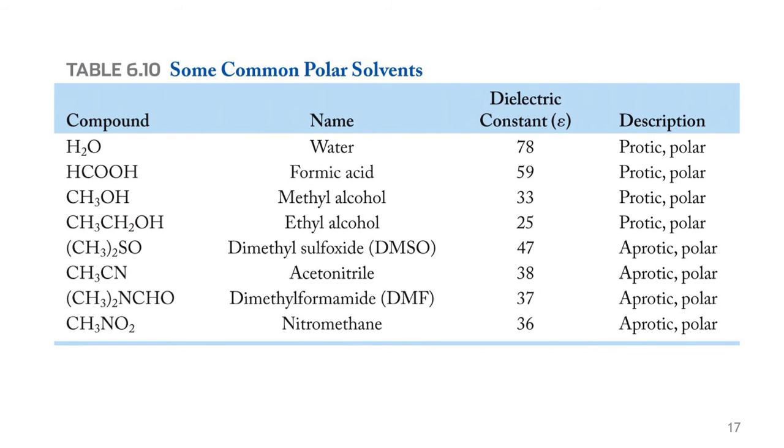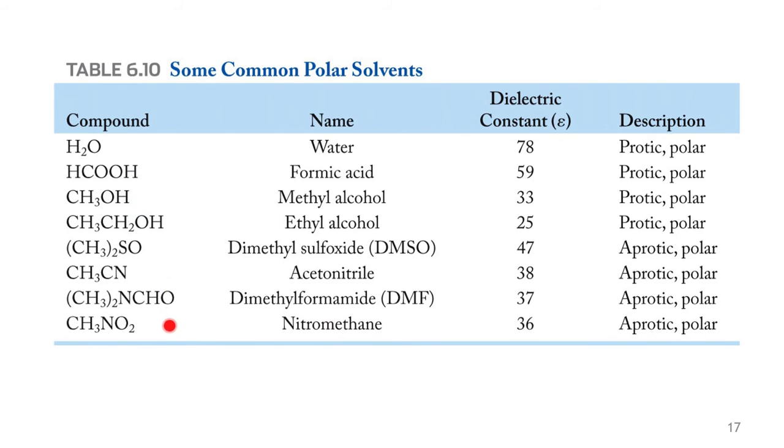Nevertheless, we have reasons for employing both of these, but let's look a little more closely at what solvents are doing in solutions. First, here are some very common laboratory solvents. Water is sometimes used in organic chemistry, but less often than you would think. We have some protic solvents. You can see the categorization over here. These first four are categorized as protic, and they all contain an OH group in some form. So carboxylic acids have OH groups, alcohols have OH groups, and those are hydrogen bonding moieties.